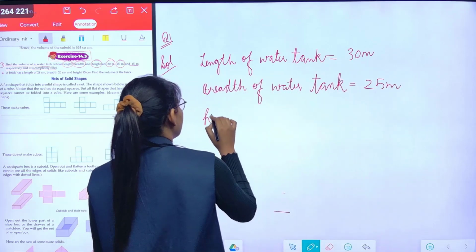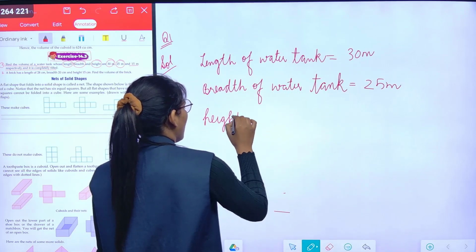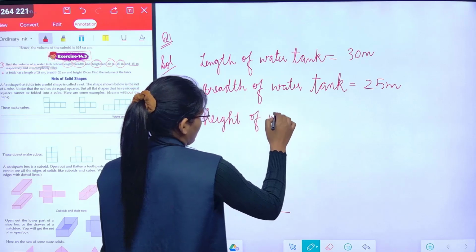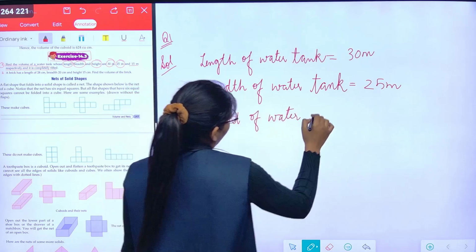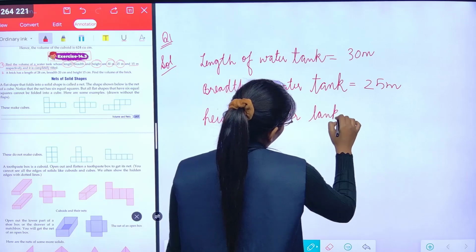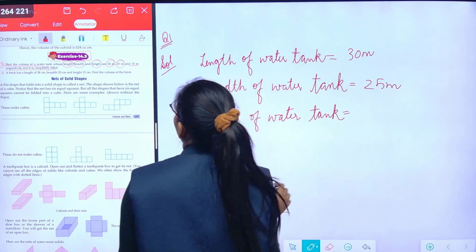And height of water tank, class, is equal to 15 meter.